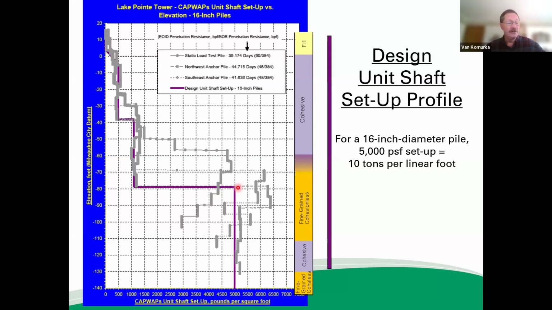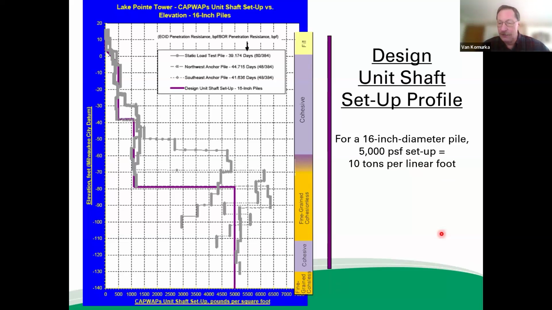And to give you a sense of what that means, for a 16-inch diameter pile, this 5,000 PSF setup corresponds to 10 tons per linear foot of embedment. So for every foot below elevation minus 80, we will design the pile to set up an additional 10 tons per linear foot after driving.